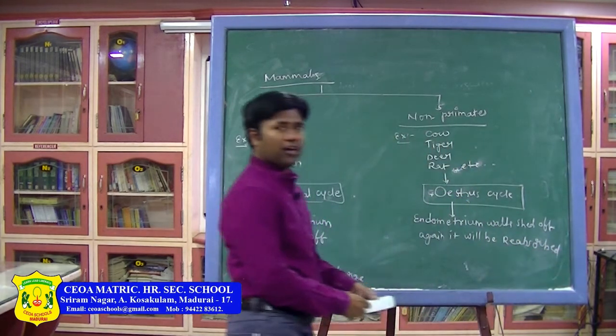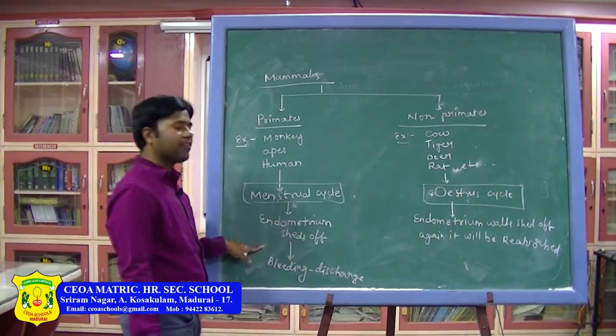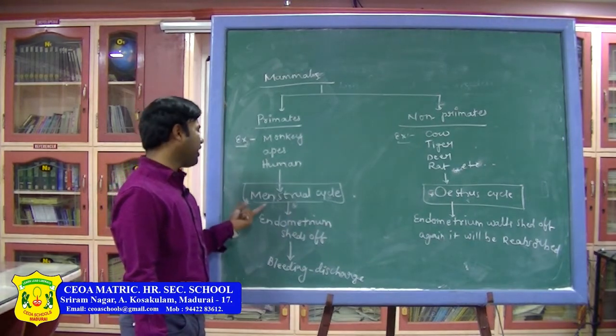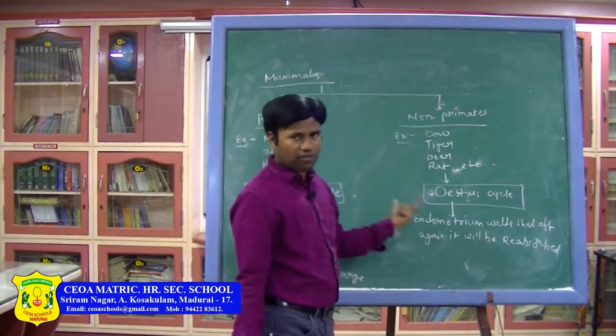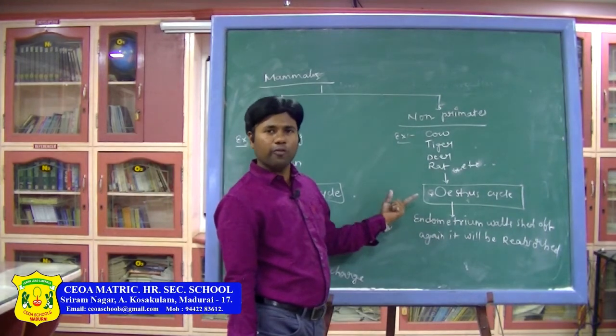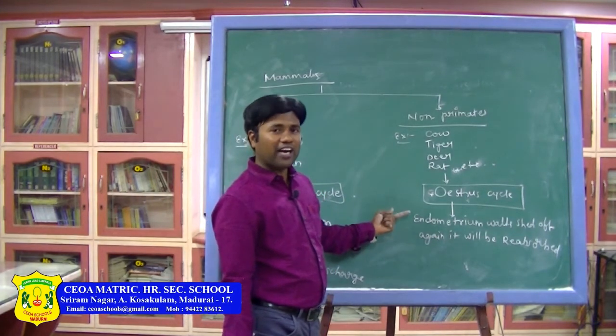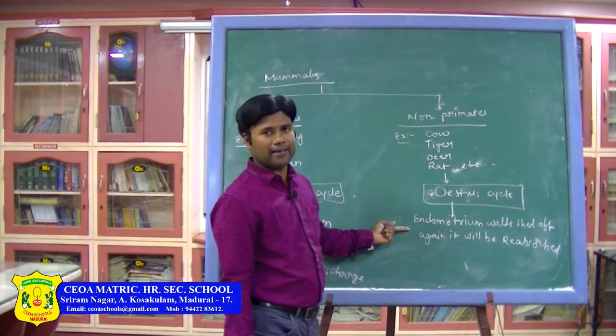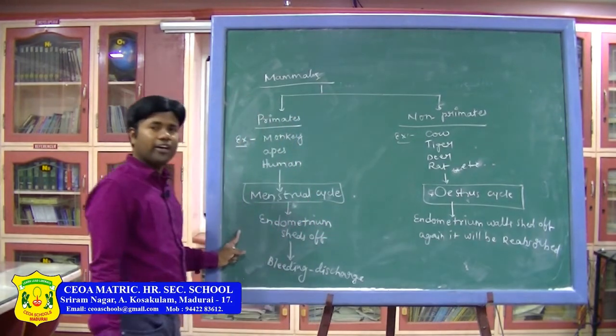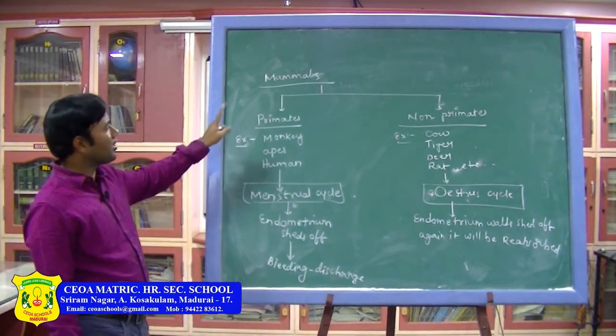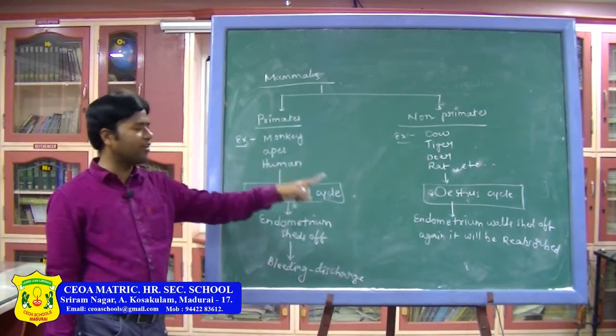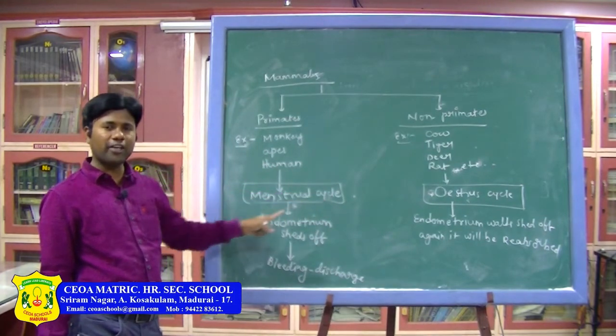What is happening? A reabsorption process is going on, but it is not sent outside. This is the main difference between the menstrual cycle and the estrous cycle. In the estrous cycle, the endometrial wall sheds off but is reabsorbed by the organism, but in the menstrual cycle it will not be reabsorbed. Very, very important. What is the difference? There it will be reabsorbed, here it will be sent out.